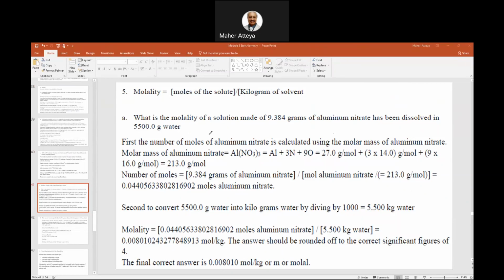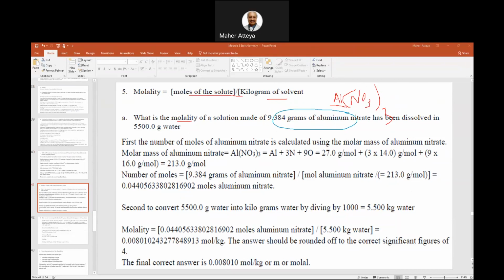So what is the molality? Molality is moles of the solute over kilograms of the solvent. We have aluminum nitrate, Al(NO3)3. Again, I have to write aluminum nitrate, Al, then NO3, with a subscript of 3, because aluminum is +3, so you have to put 3 there.